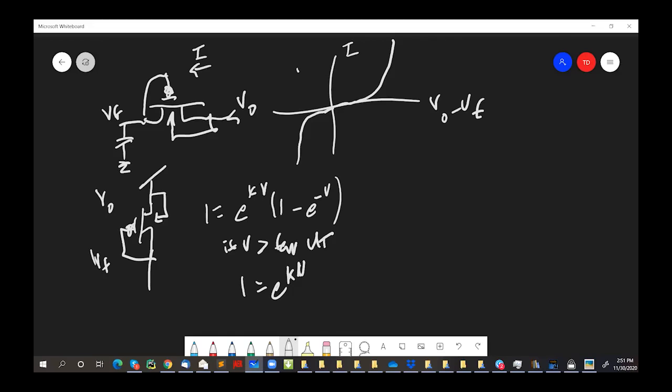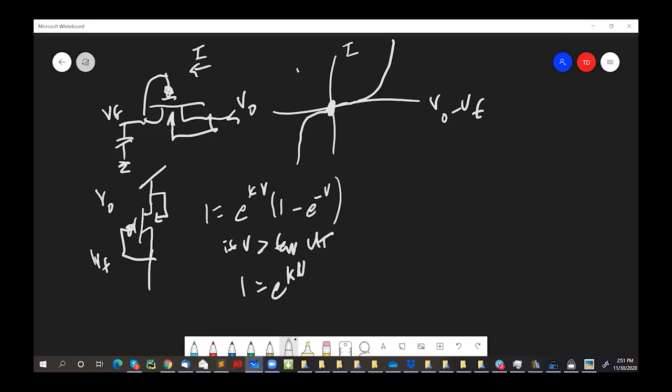Right? If V equals 0, then the current is 0. I mean, that's clear, right? Because the drain-source voltage is 0. But as soon as V gets more than a few UT, the transistor saturates and it just gets dominated by this gate-source voltage that becomes e to the capital V. That's a diode. That's the equation of a diode when forward biased.